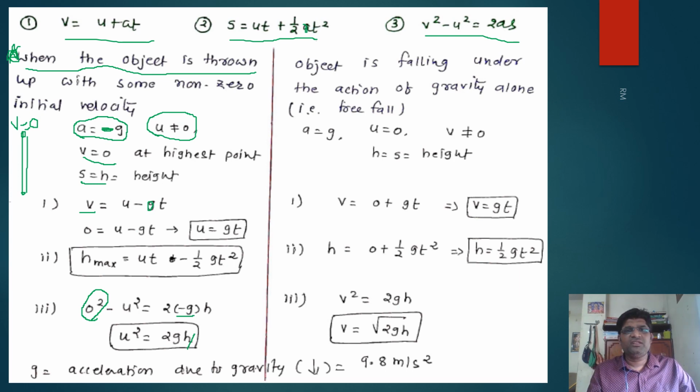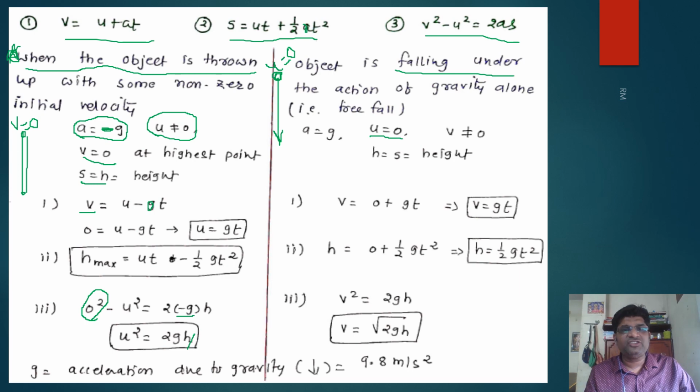Now, these equations are for the motion when the object is falling under the action of gravity alone. When the object is released from a certain height, it is falling only under the action of gravity. There is no other force acting on it, right? And when you had this object in your hand, your initial velocity is equal to 0.